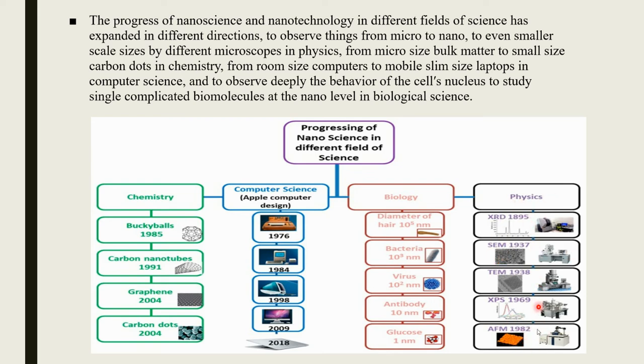All these are being discovered after the idea of nanotechnology. Also in chemistry, from micro-size bulk material to small-size carbon dust, things are being discovered because they are moving towards the nanoscale.